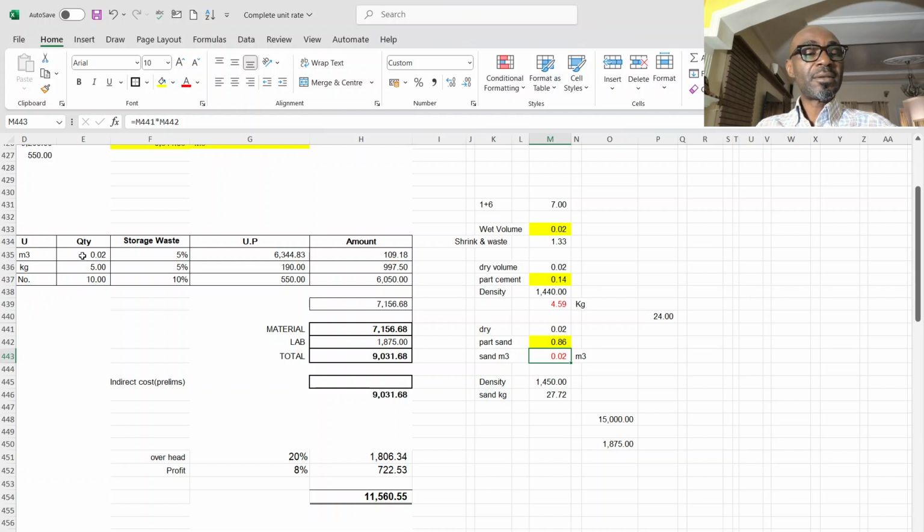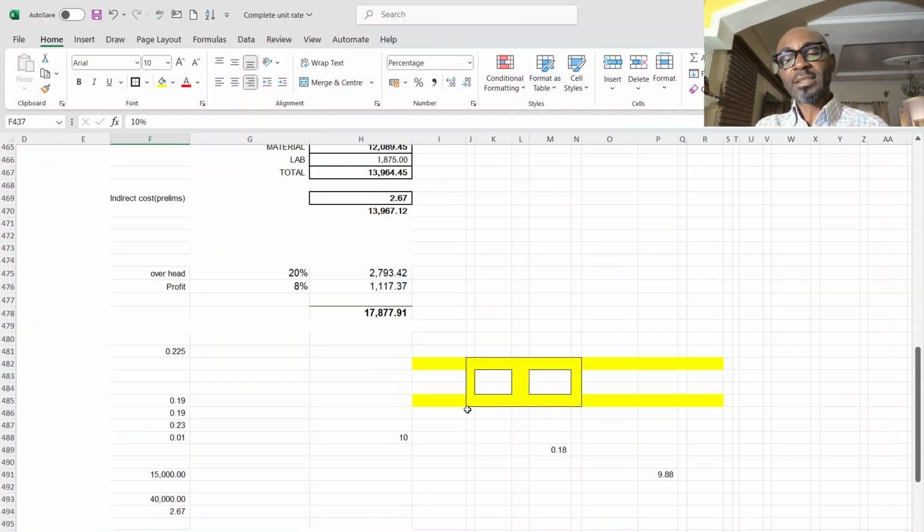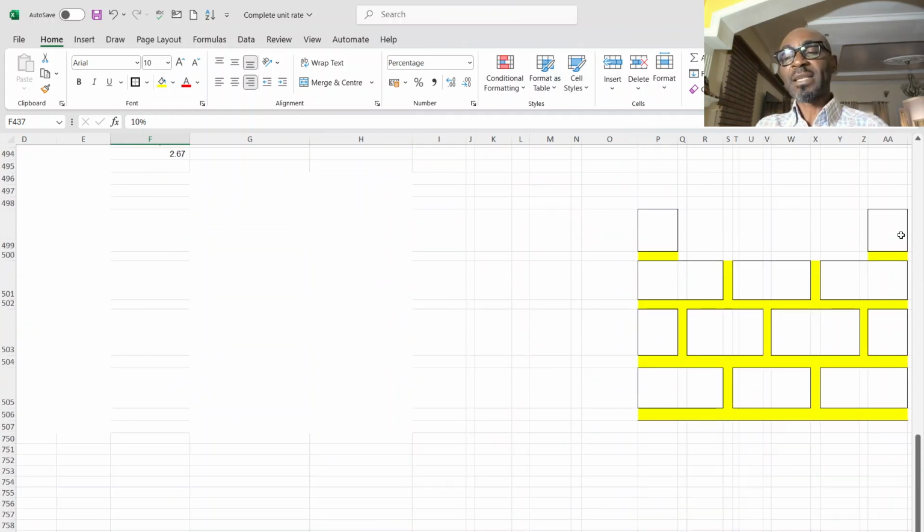So I link it here, it gives me the sand that I need, multiplied by my cost of sand per cubic meter gives me this amount. Cement multiplied by my cost per kg gives me this. Then the number of blocks is 10, which gives me 6,000.